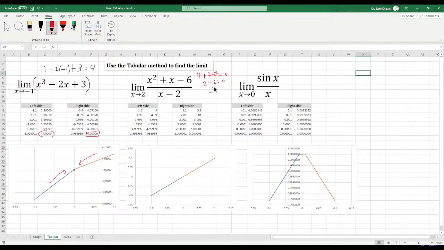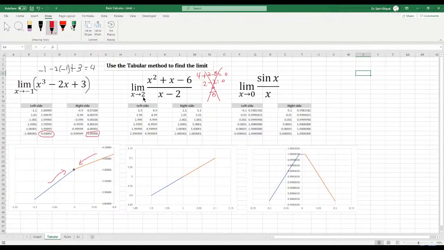And 0 over 0 is a problem. It is undefined. That's why we cannot substitute 2 directly, like what I did in this case. Okay, let's see if the limit exists or not.